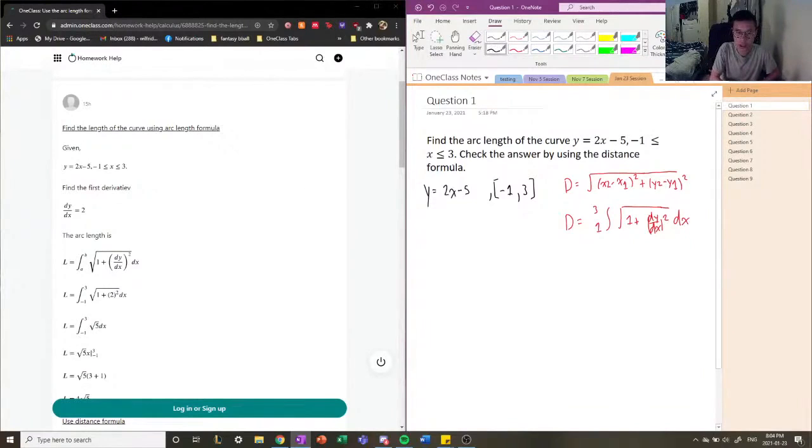So the first thing we want to do is find the derivative of our function, which is 2x minus 5. So dy over dx is basically 2, because the derivative of 2x is 2.